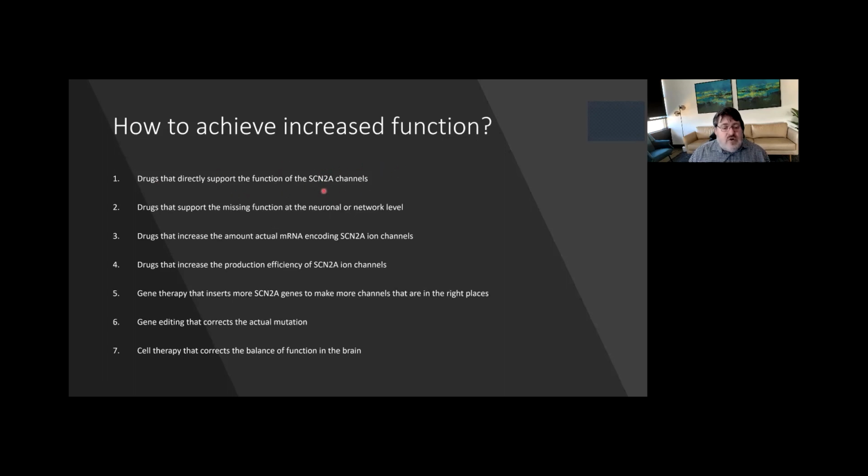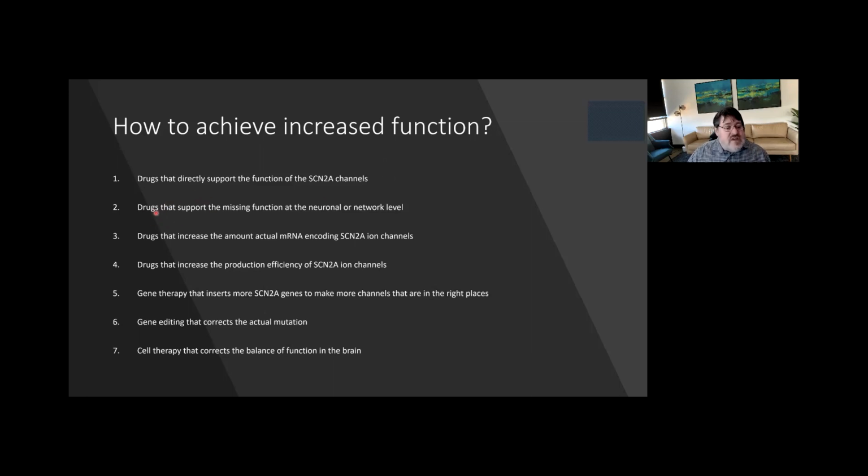So this is a form of drug that makes the existing SCN2A or NAV 1.2 channels work harder. And there's been work shown for Dravet syndrome, which, like autism, is caused by reduced function of NAV 1.1 or SCN1A. Studies have shown that if you can enhance the function of the protein, you can have an impact on the disease.